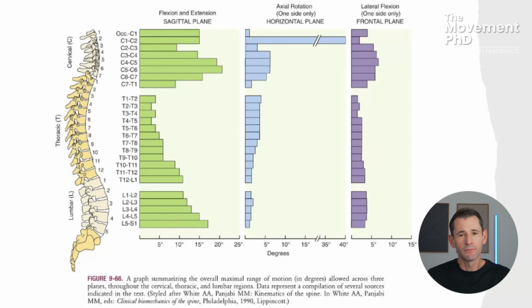And that makes sense because our spine is designed to be functional. And what's the function of the cervical spine? It's to take our eyes and move them throughout that workspace. So I want to have a lot of that range of motion into rotation coming from the cervical spine so I can scan the area around me. I can look for objects that I then can use my hands to go manipulate.